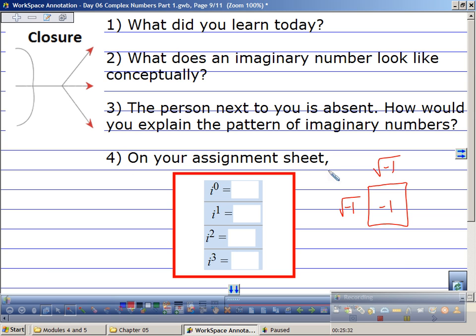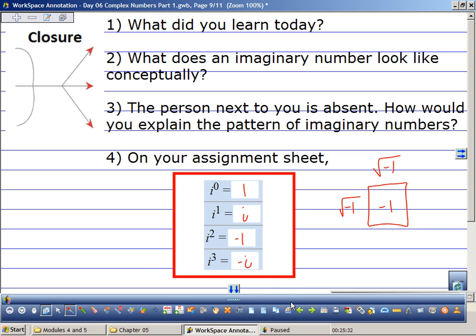All right, on your assignment sheet, what is i to the 0? What is i to the 1? What is i squared? What is i cubed? Those are the tools right there. Good job, guys.